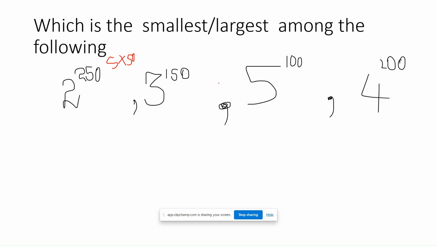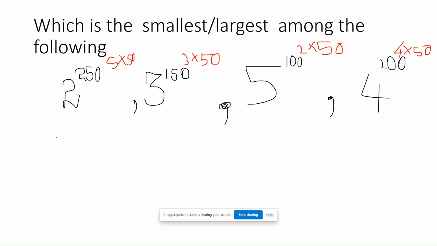Here also I can write 3 into 50 is 150, 2 into 50 is 100, and 4 into 50 is 200. These are all multiples of 50.